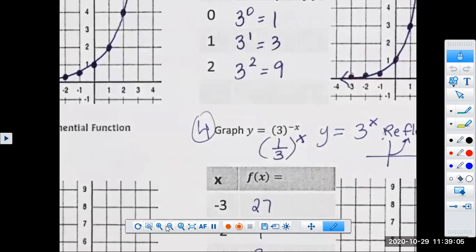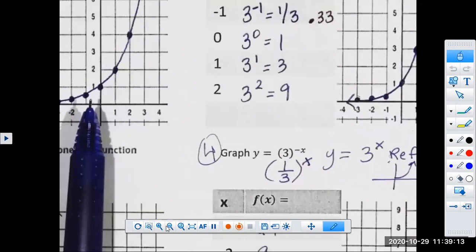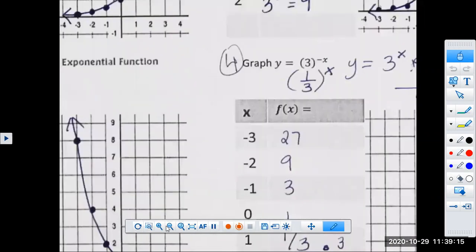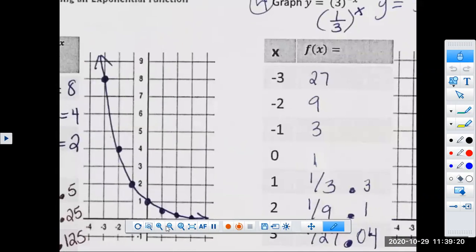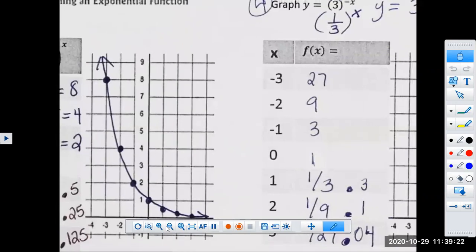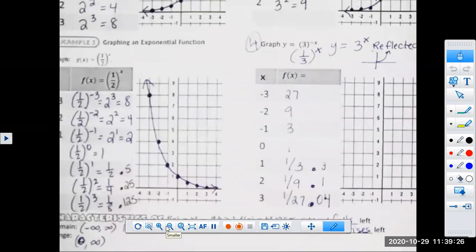Okay, what purpose did y equals 0, the x-axis, serve? What is that called? It's approaching it, but doesn't touch it, so it is an asymptote.